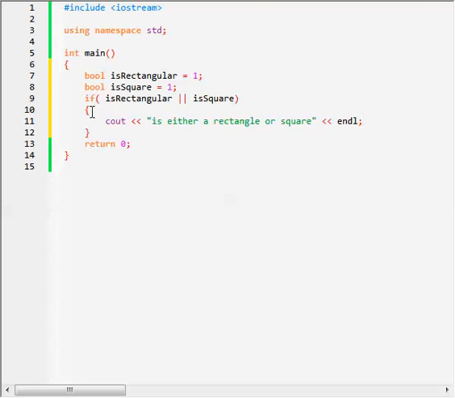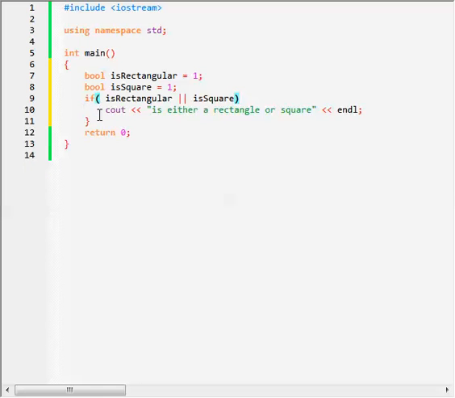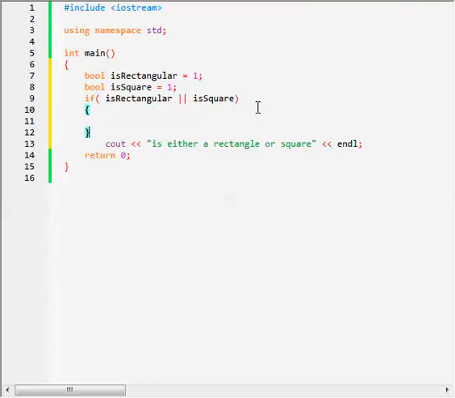So the if operator, since this is one line, I don't have to put a curly brace, but it usually looks clearer with curly braces.